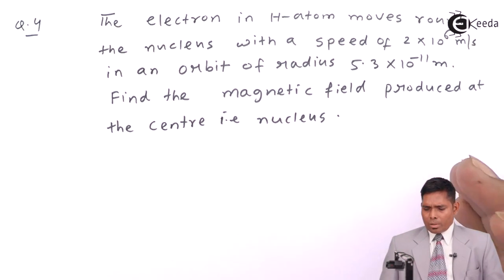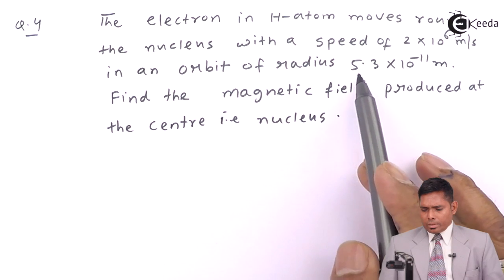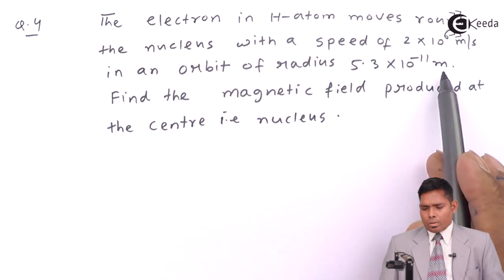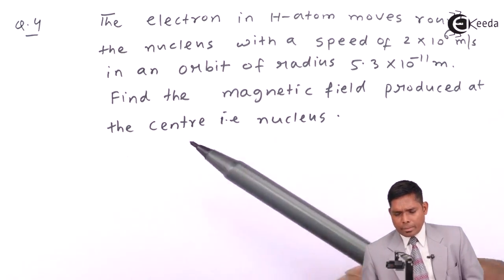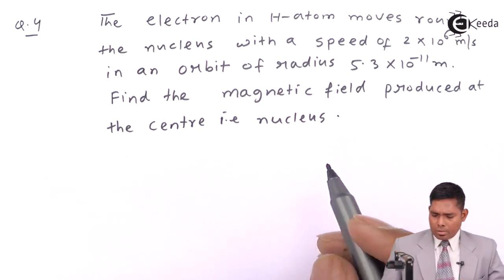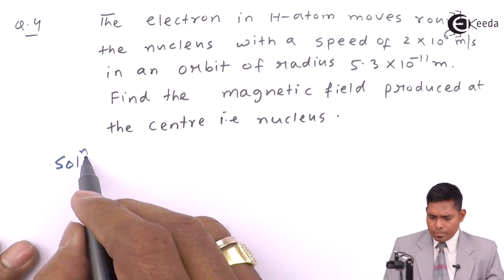So what is the number of the orbit? Not given, but as the radius is this, we know that. Okay, that we'll discuss later. And what we have to find is the magnetic field at the center of the circle. So this is basically the same question.